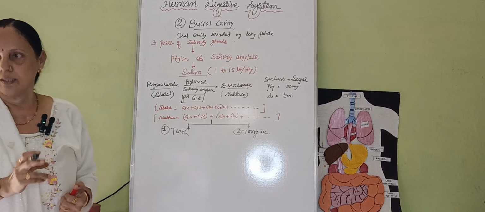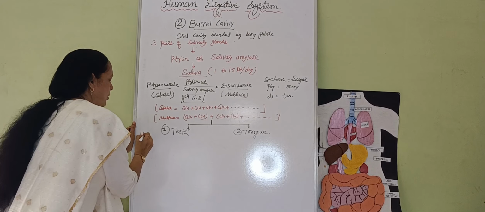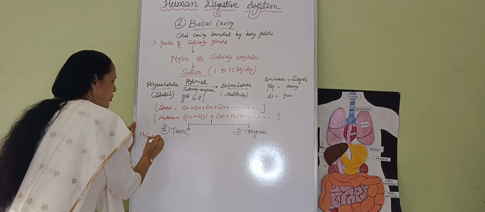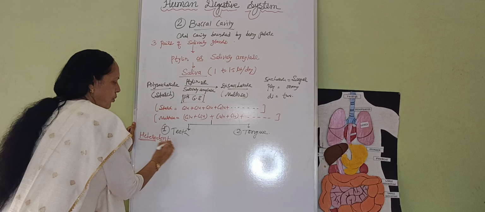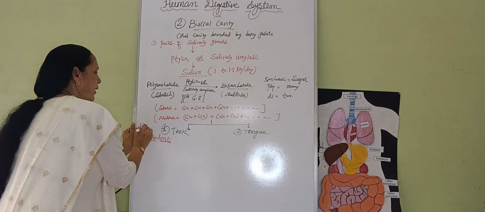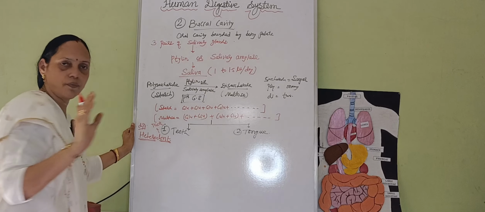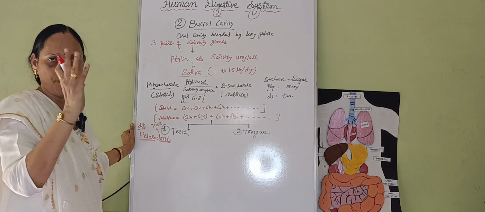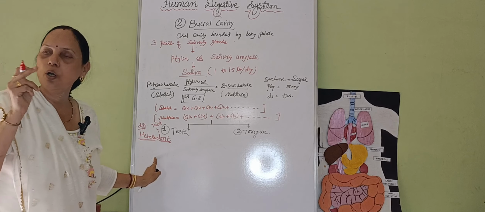Now these teeth are also called heterodont. Hetero means different, and dont means teeth. So different types of teeth are present in our body. In total 4 types of teeth are present, and that's why these are called heterodont.